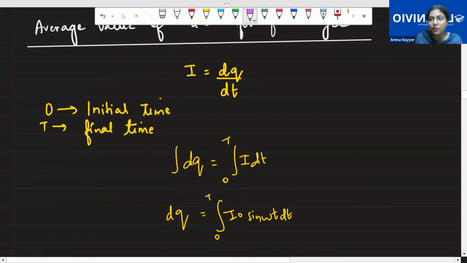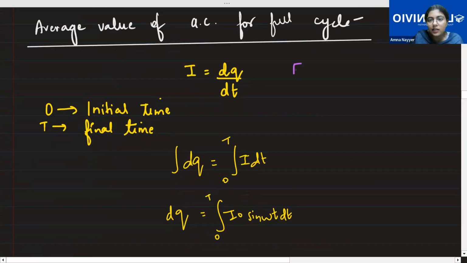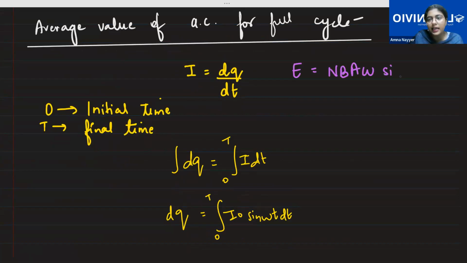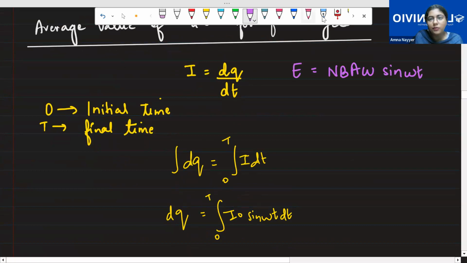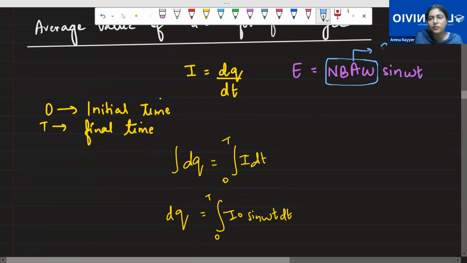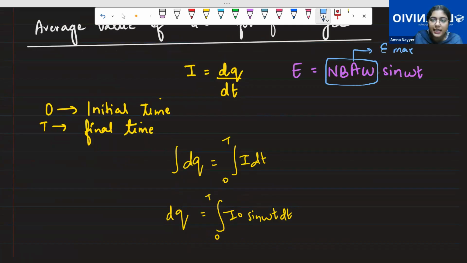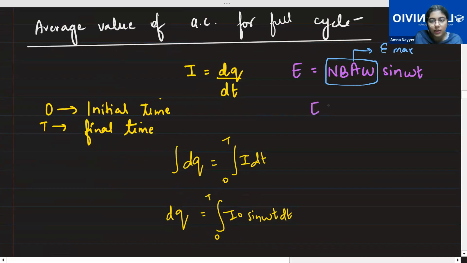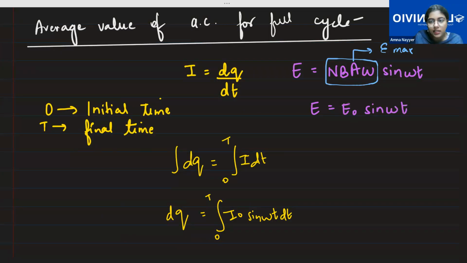Let me just explain a little bit. Look, E is equal to NBA omega sine omega t. From here, this part is its maximum value, so this maximum value can be written as E naught. So E is equal to E naught sine omega t, because E naught is the maximum or the peak value of EMF.